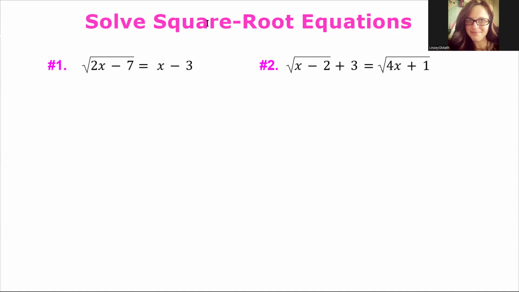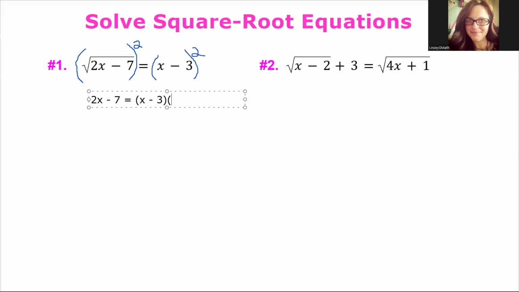Number one, we're going to start by raising both sides to the power of 2. The square root and the power of 2 are inverse operations, so they will cancel each other out. So on the left-hand side, we're just left with 2x minus 7.